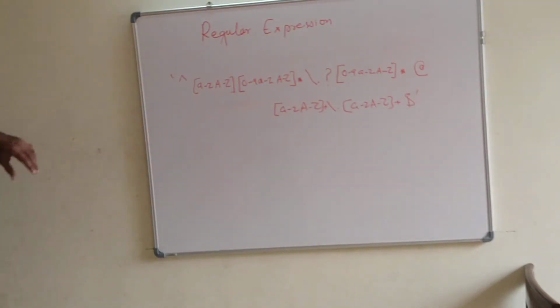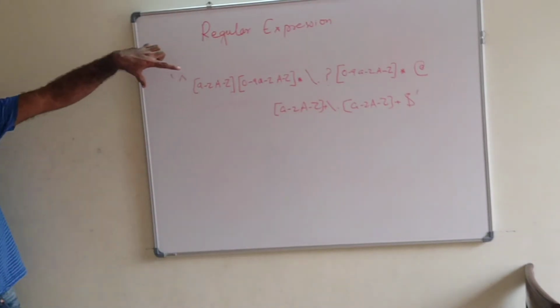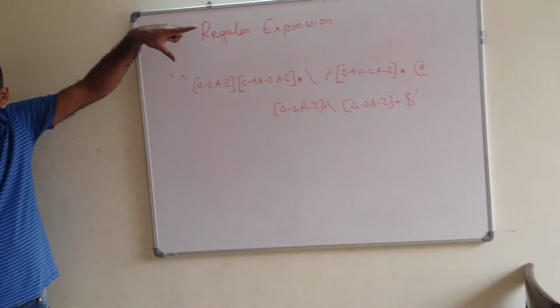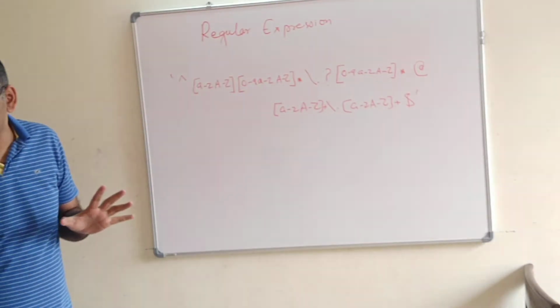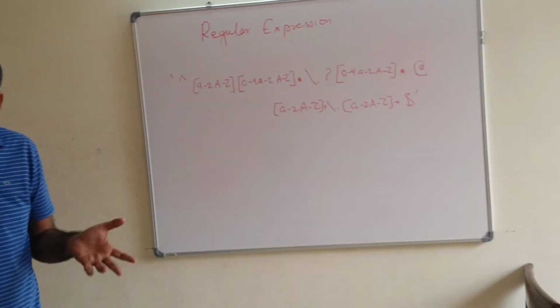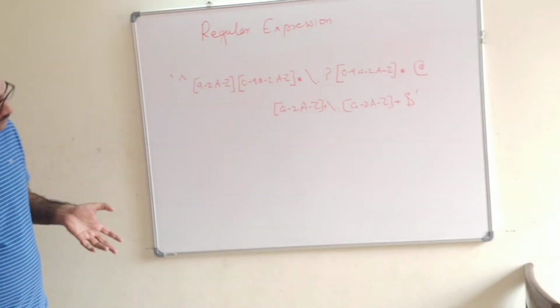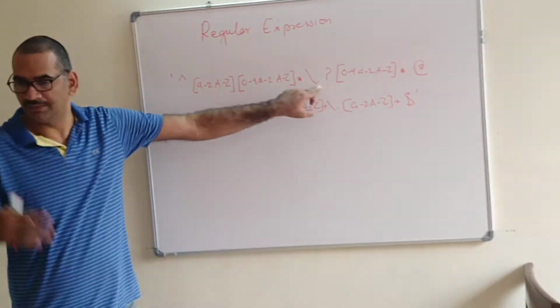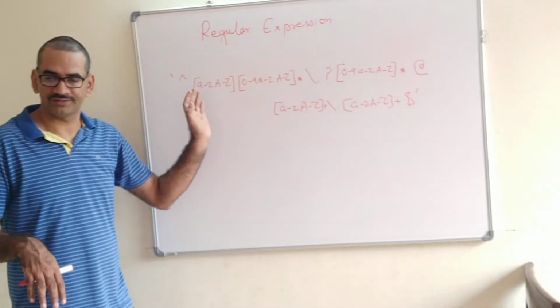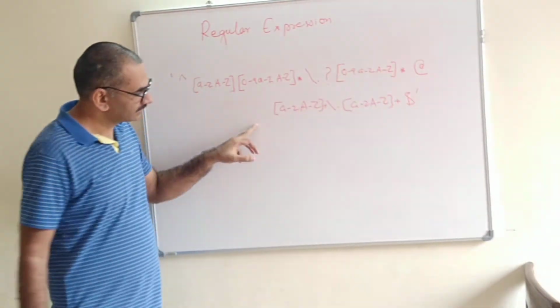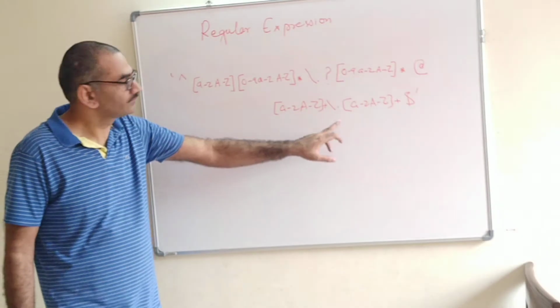Now what it means is the first character should always be a letter, an alphabet. Then there can be 0 or more of any of the alphanumeric characters. And then a dot may be present, may not be present, and then alphanumeric characters may be present or not. Some letters, at, some letters, dot, some letters.